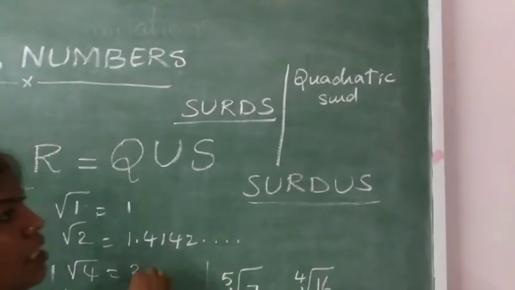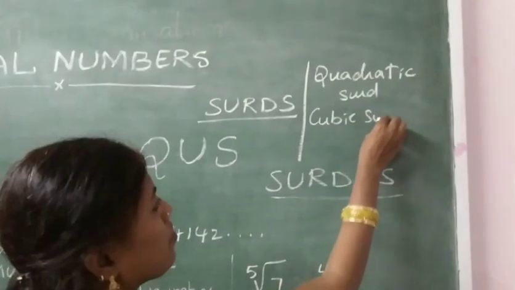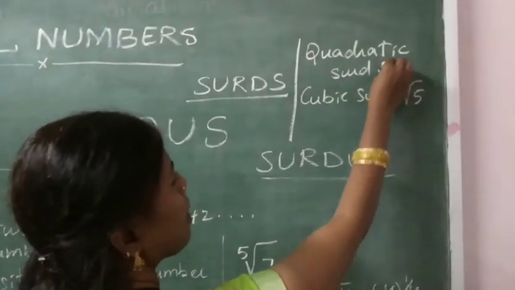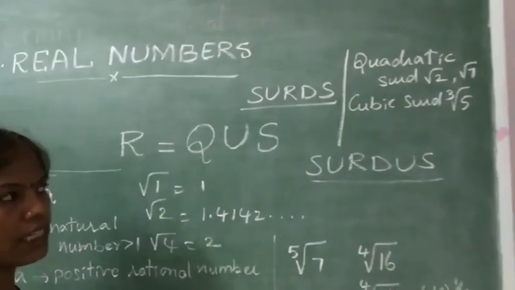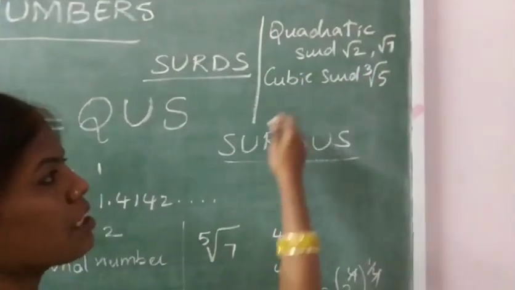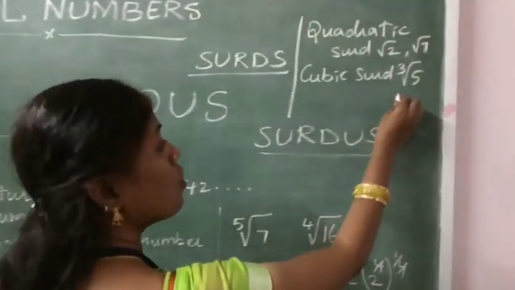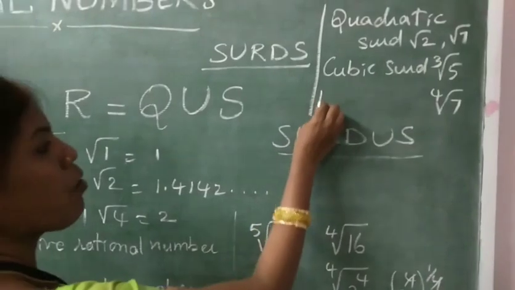If the order of the surd is 3, we call it a cubic surd, for example, cube root 5. If the order of the surd is 4, that is fourth root 7, then we call it a biquadratic surd.